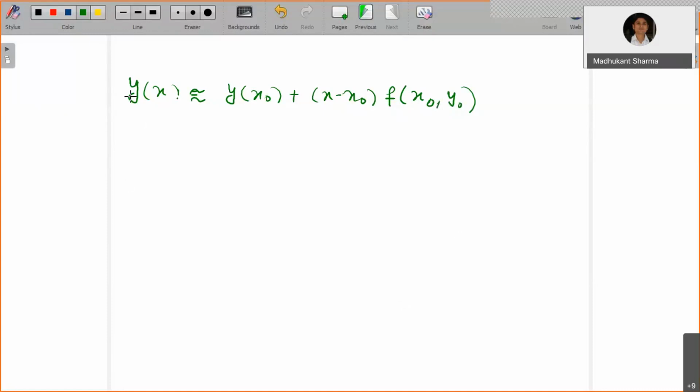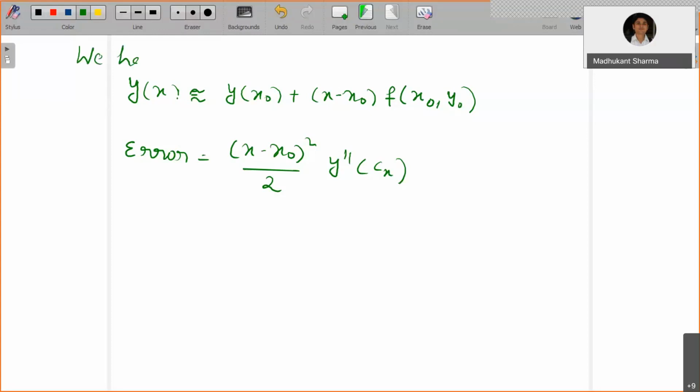And what we have, the error, is equal to x minus x naught square by 2 times the second derivative at c, where some point c lies between x and x naught. This is when we have assumed that y is 2 times differentiable.